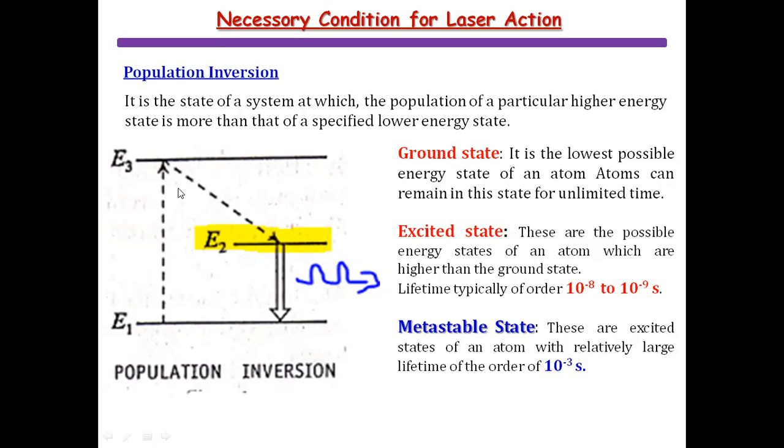Now, the atoms which go to this E2 will help us in obtaining population inversion. The number of atoms in the E2 level will be more than the number of atoms in the E1 level. That is known as population inversion. I have one more picture to explain.